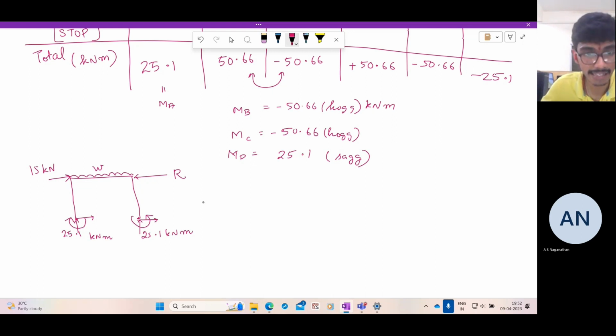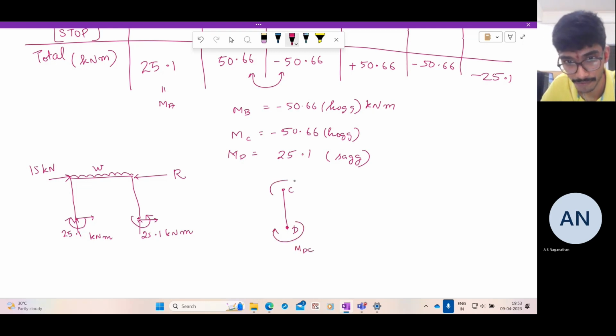So to determine them, let us take the member CD. So in the member CD, we have this. So this is D, this is C. There is a certain shear force. There are no intermediate forces. There are no span loadings. So we have a certain shear force like this. So let us take this as MDC, MCD, VDC, and on the joint C, you have V acting like this, VCD.